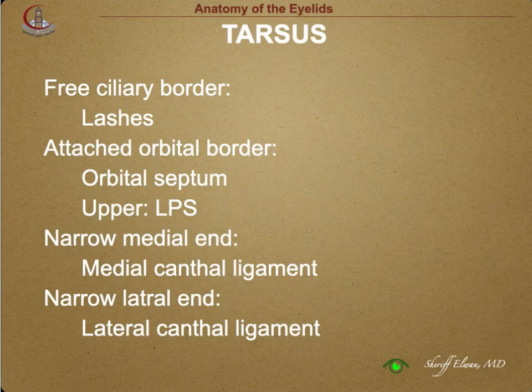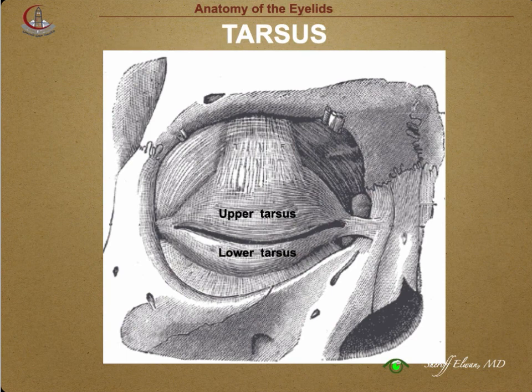Now, each tarsus has a central free ciliary border at the lid margin and an attached orbital border. The free ciliary border is where the lashes are, and the attached orbital border is where the orbital septum attaches. And in the upper lid in particular, it is attached to the levator palpebrae superioris muscle. It has a narrow medial end attaching to the medial canthal ligament and a narrow lateral end attaching to the lateral canthal ligament.